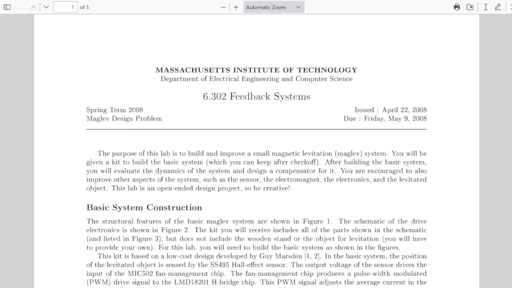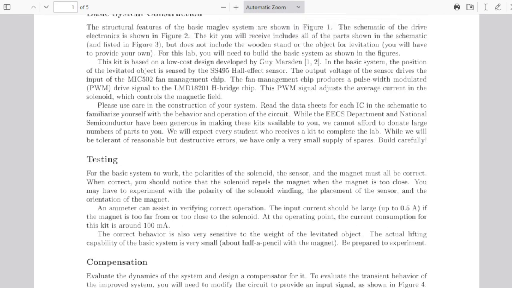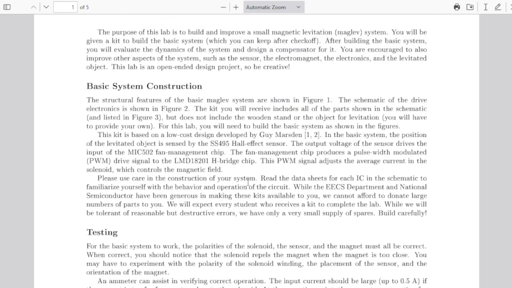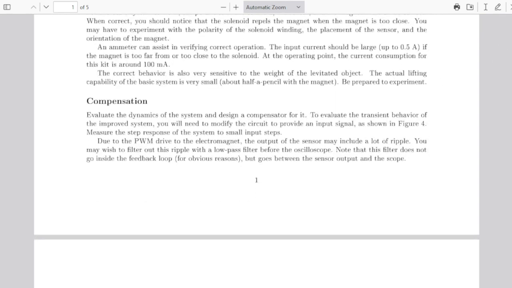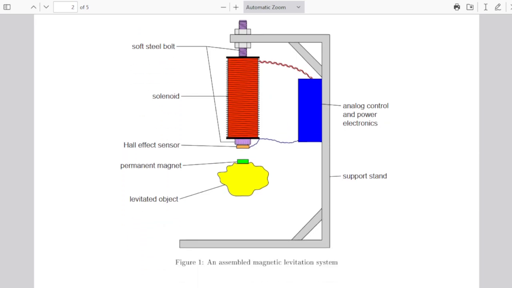What do we got here? Now look, they're talking about a pulse width modulated signal that adjusts the average current in the solenoid, which controls the magnetic field. Well, that's fine, but that's not related to what I was talking about earlier.